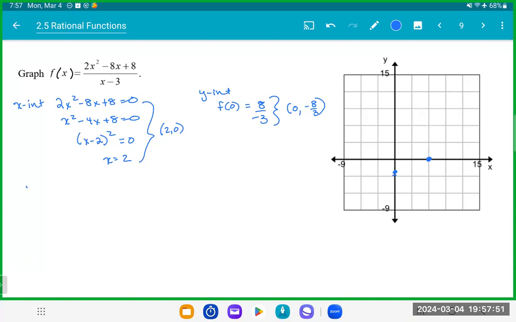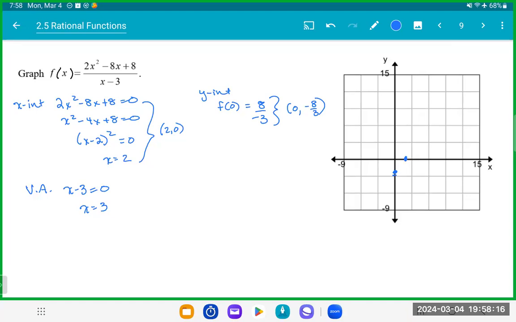So for our vertical asymptote, we have x minus 3 is equal to 0, so x equal to 3. So again, I need to actually move this over here to where it is at 2, not the second line.